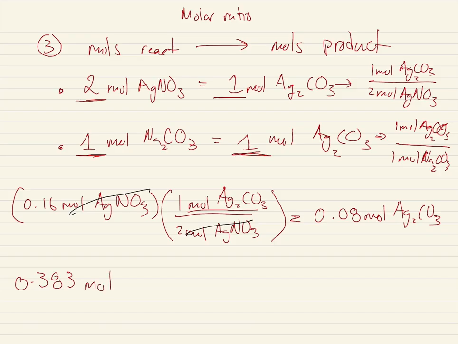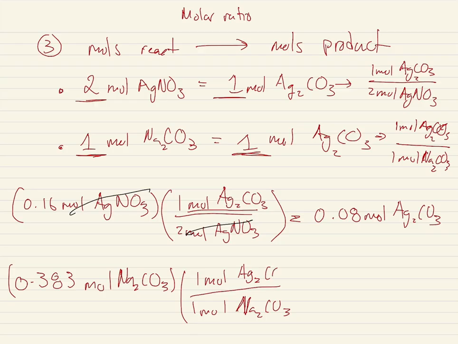We'll do the same thing for our other reactant. 0.383 mole Na2CO3. And I can tell you, because I know it's a 1-to-1 mole ratio, we're going to have the exact same amount of product. So it'll be 1 mole Ag2CO3 per 1 mole Na2CO3, because we're only analyzing the amount of precipitate that was made, which is our silver carbonate.